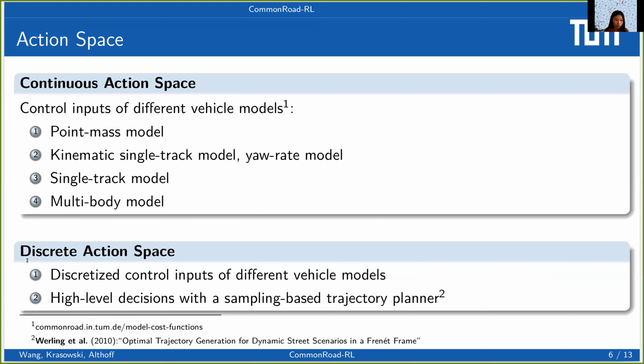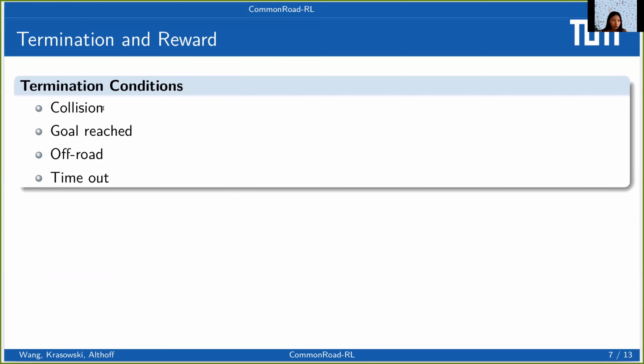We have two types of discrete action space. One is the discretized control inputs of those vehicle models. The other one is the high-level planning decisions, which are executed by a sampling-based trajectory planner. We terminate an episode if the ego vehicle collides with others, if it reaches the goal region, if it drives outside of the road, or if the given time limit is reached.